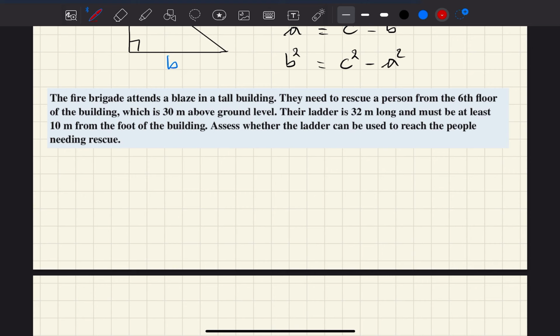Assess whether the ladder can be used to reach the person needing rescue. You can see how math can be applied in pretty much everything around us. Math is always around us. Here's a simple application where people need to be rescued, and we need to apply these mathematical concepts in order to save them.